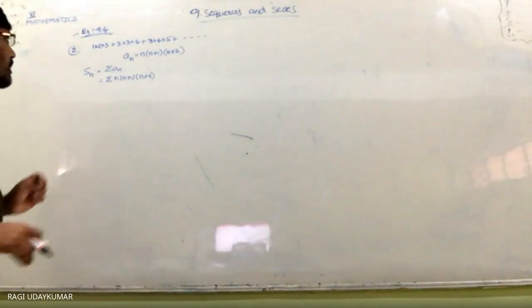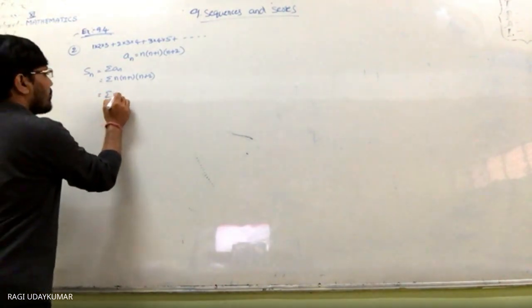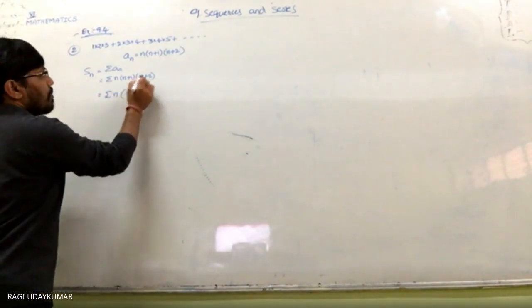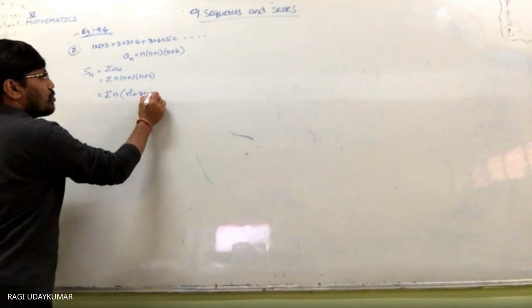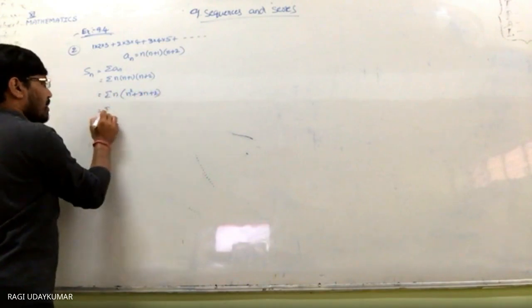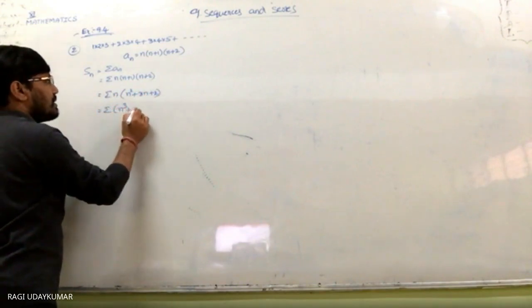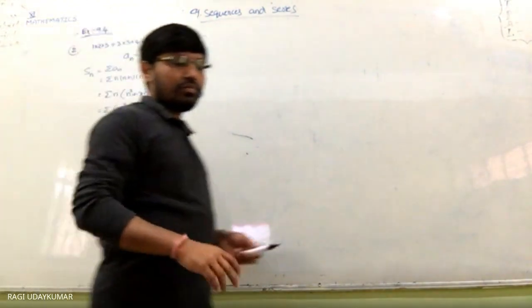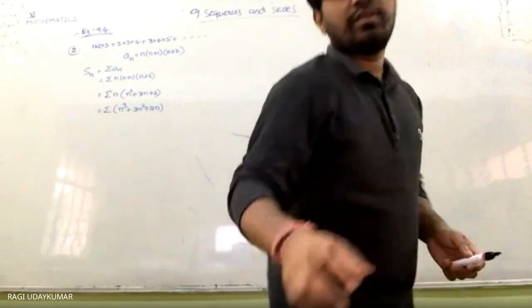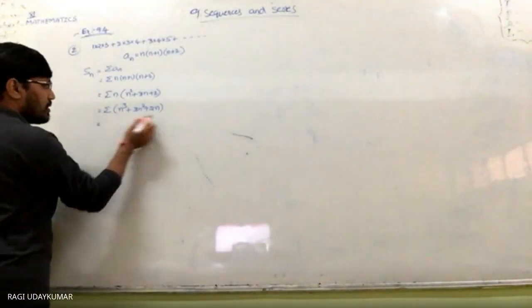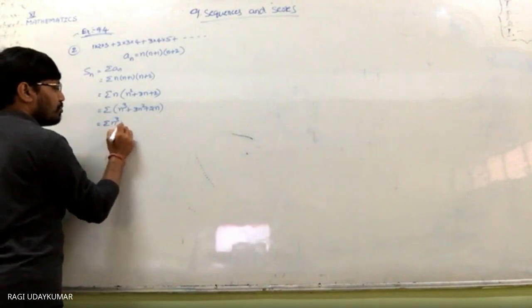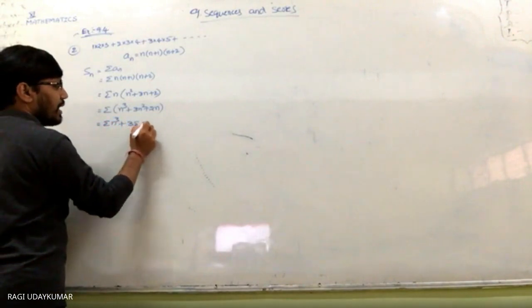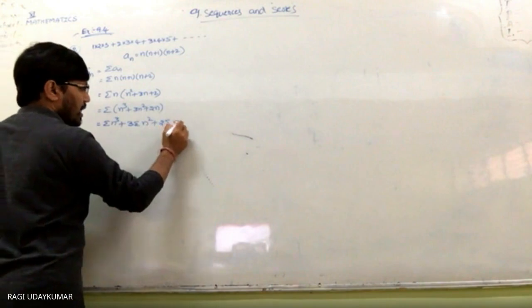So what do you get here? First n square plus 2n, 3n plus 2 and n multiply. So n cube plus 3n square plus 2n. Okay. So now what do you get here? Whenever it is taken individually, sigma n cube plus 3 into sigma n square plus 2 into sigma n.